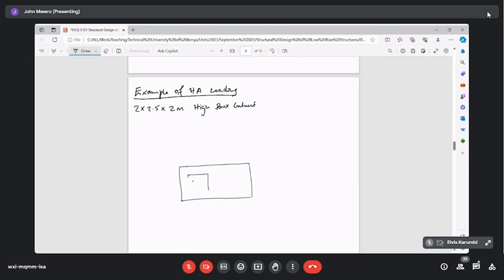So it's got two cells. Of course, the box culvert has got a length.